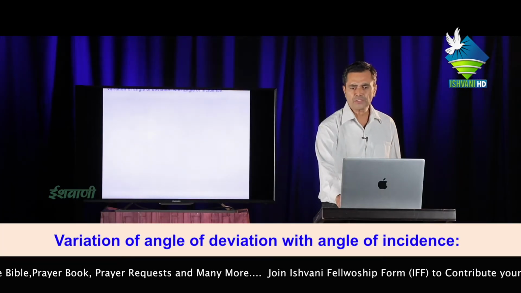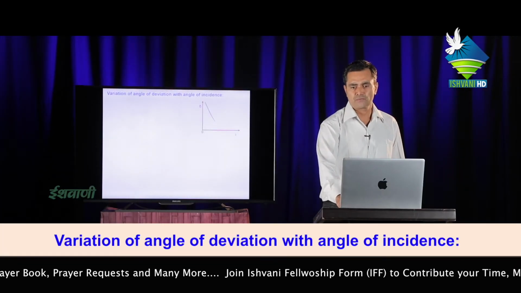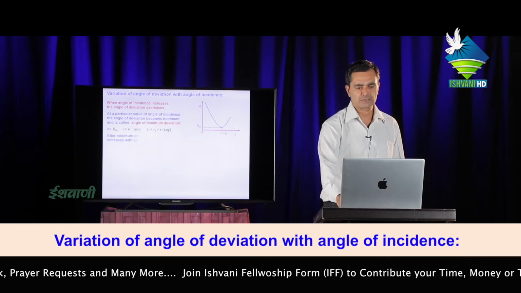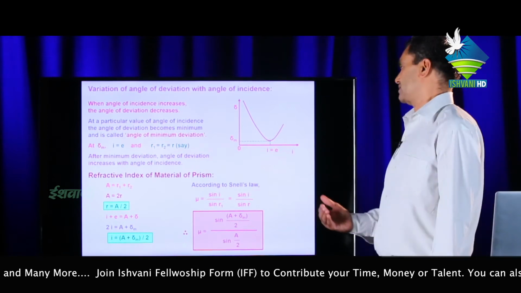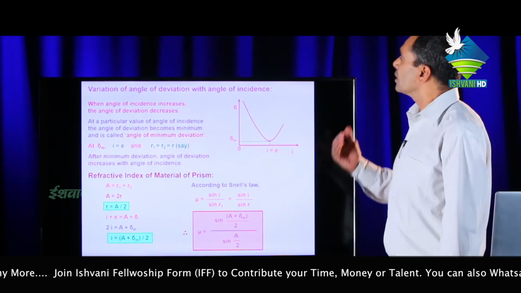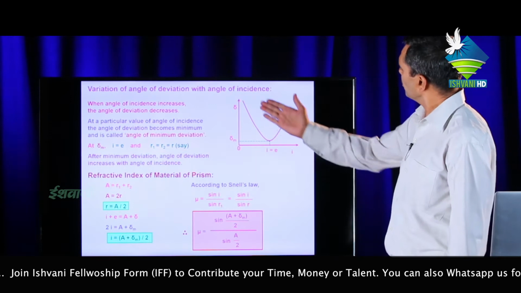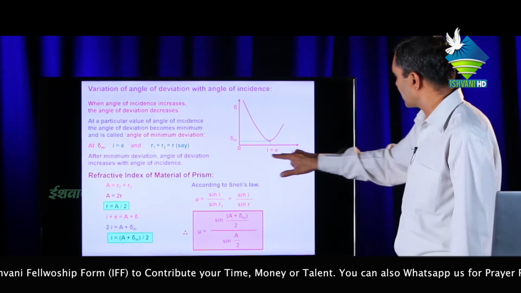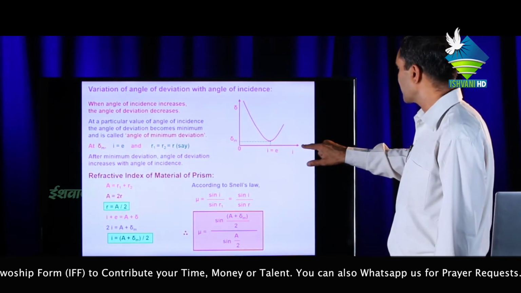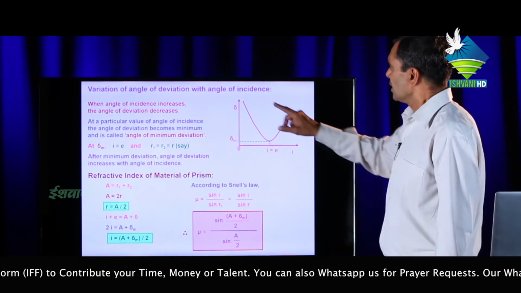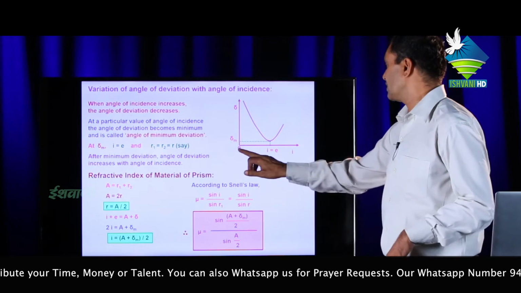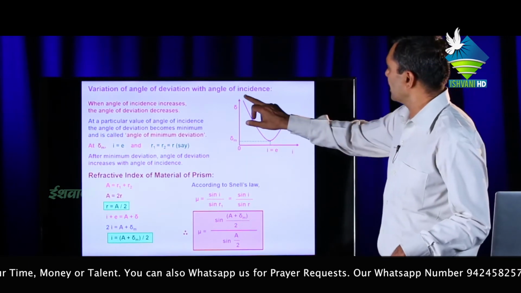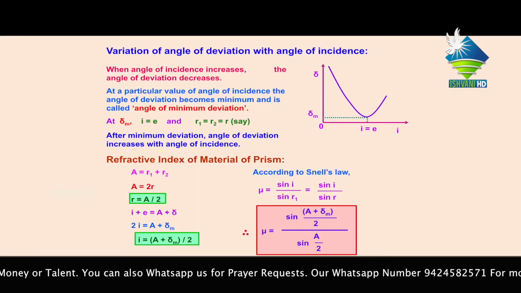Next, variation of angle of deviation with angle of incidence. If the angle of incidence increases, then the angle of deviation decreases, as shown in the figure. The angle of incidence is taken on the x-axis and the angle of deviation on the y-axis, and we draw the graph.